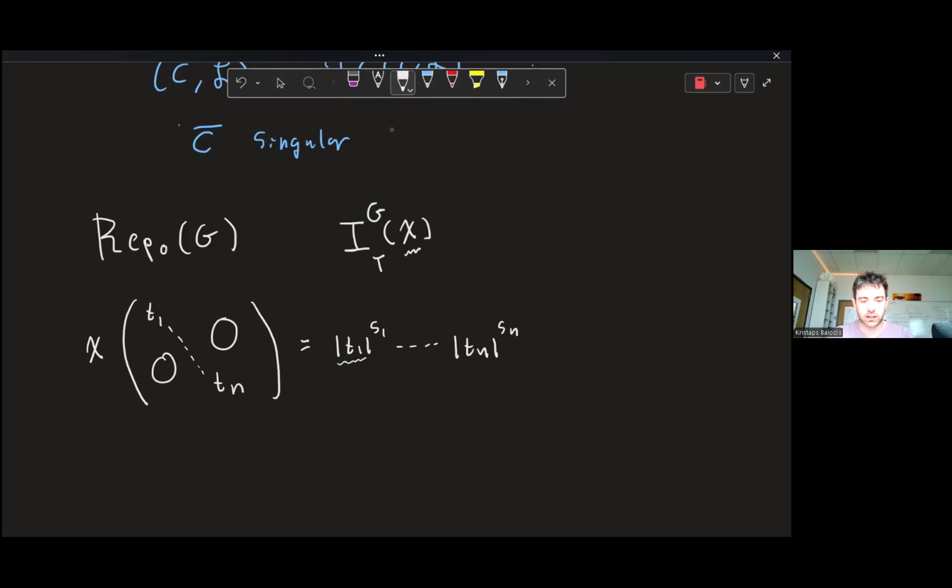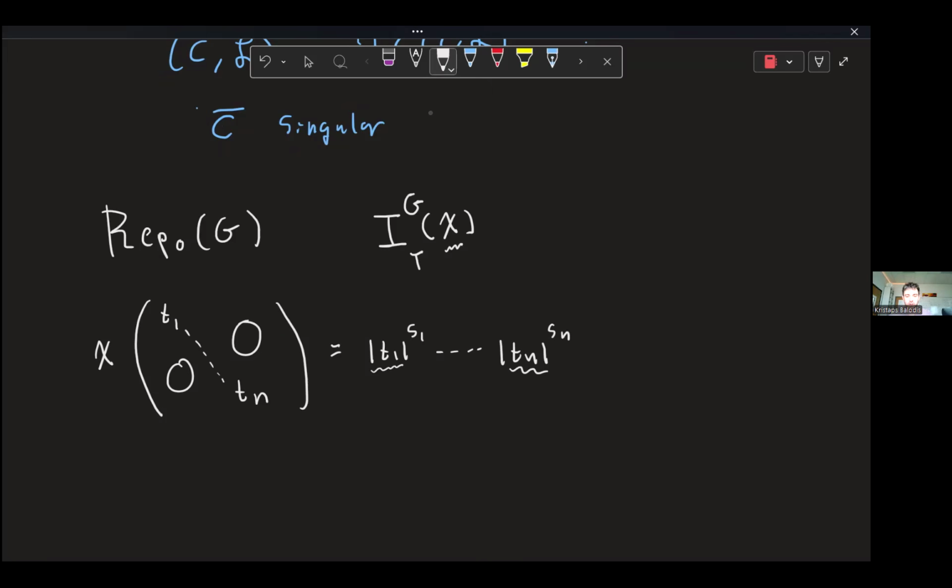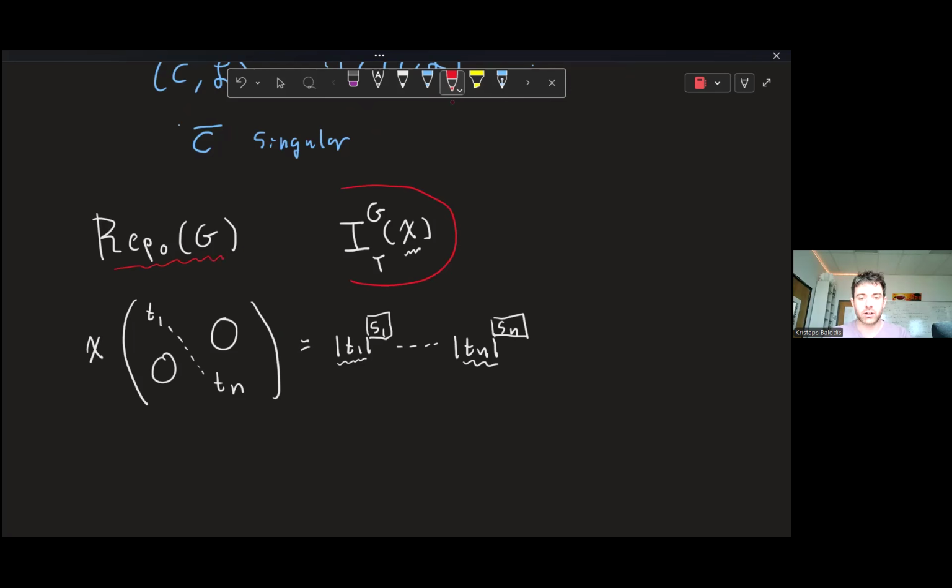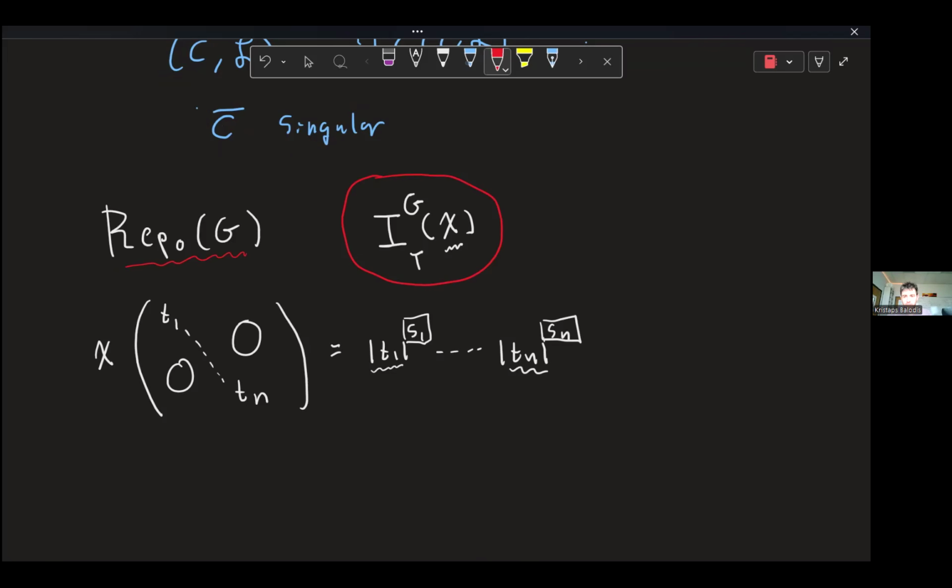We simply take the p-adic absolute value of each one of these entries, raise it to the power of the corresponding complex number, and multiply that all together. And so all the irreducibles in this category appear in something that looks like this.